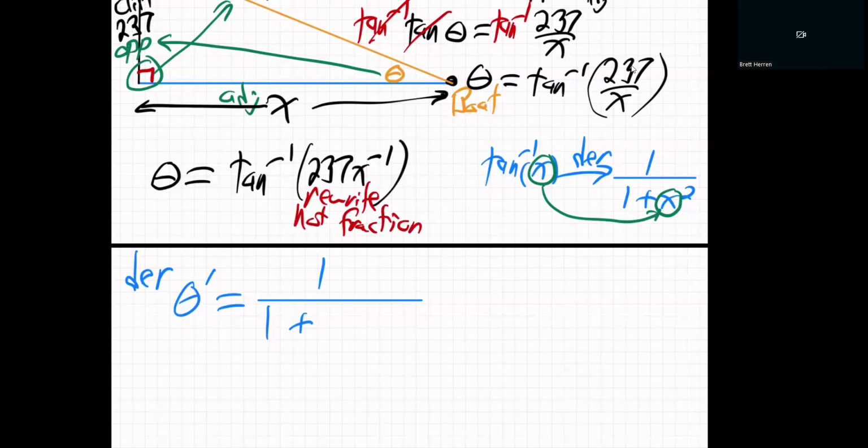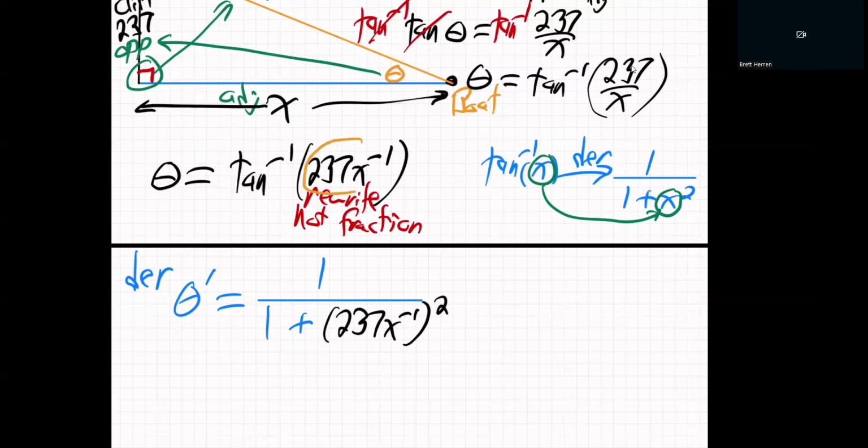So now back to it. Where were we? We're doing the derivative of it. So you go 1 over 1 plus, and then this squared: 237x to the minus 1 squared. But we're not done there. Why not?